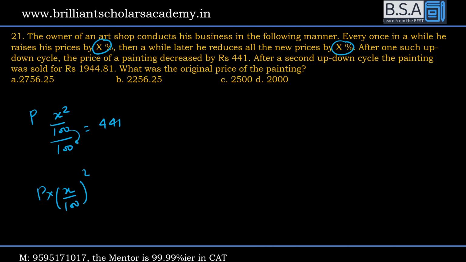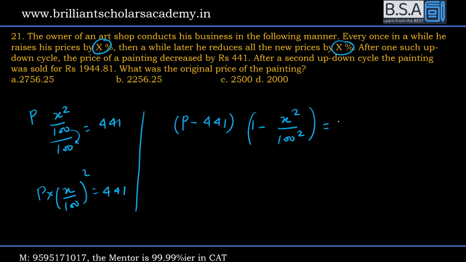This 100 will go below, will also become a square, is equal to 441. Leave it there. Now the price is P minus 441. Now when you perform an increase and decrease of X percentage, you lose this much. And your final value is 1944.81. First of all, are you able to create these equations that I have done for you?